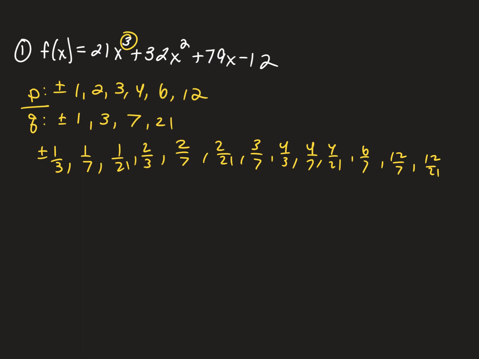Scoot over, minus 12. Everybody with me? All right, and then hit graph. And let's look. If we want to change our window or something like that, we can. Okay, what does it look like?